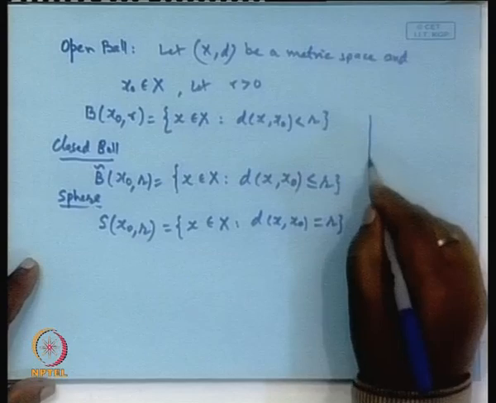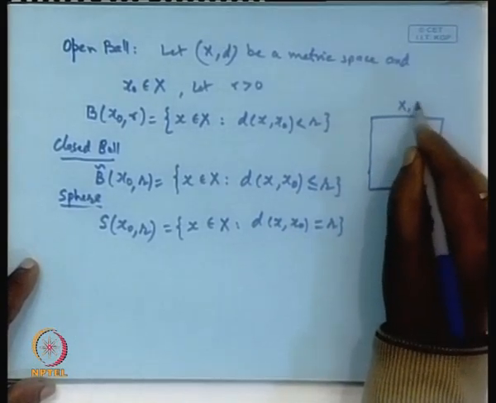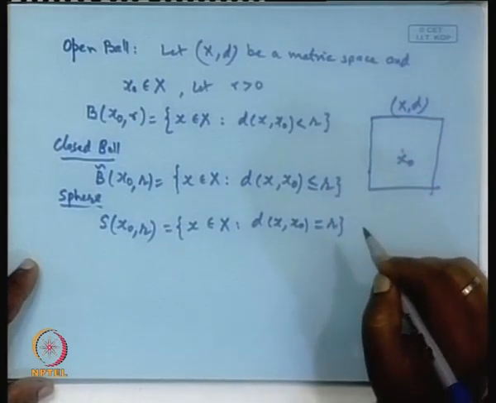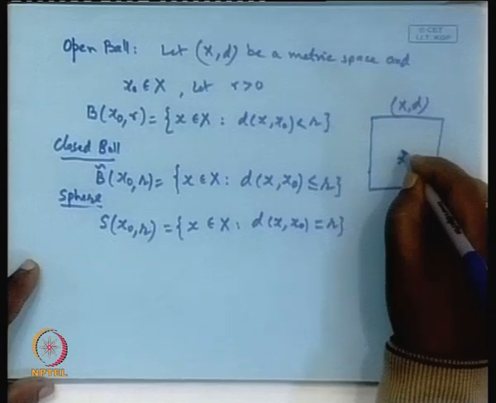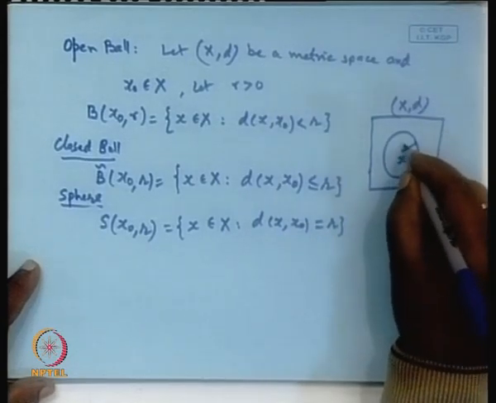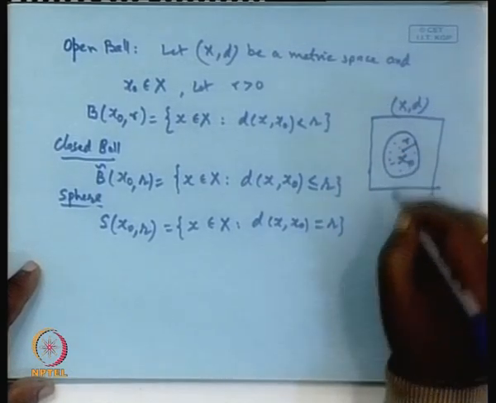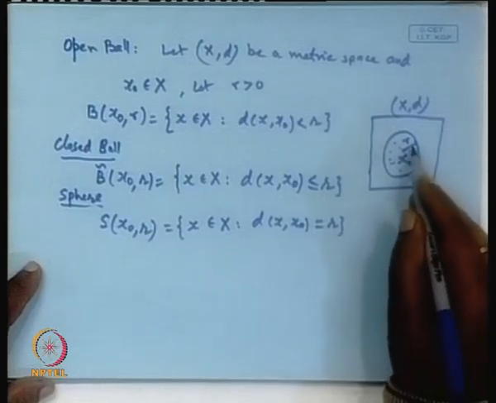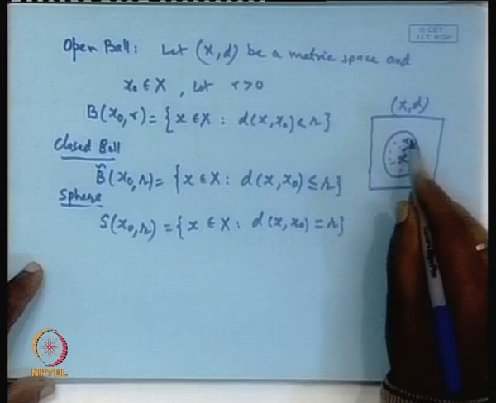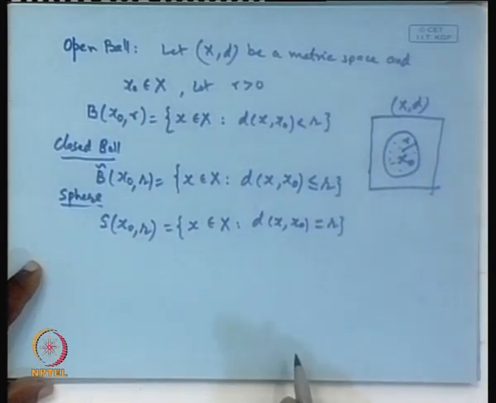So, here we have a metric space, say X, d, and x naught is a point in X. Then if we draw a ball around the point x naught with a radius R, then all such points which lie within this is the open ball, which includes the points of the boundary also in the closed ball, and the points lying on the boundary only we call it as a sphere.